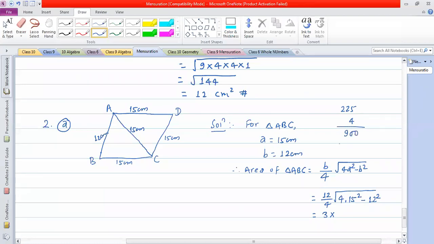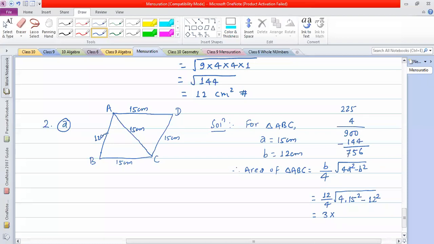900 minus 144, isn't it? Here it will come 6, here it will come 5, here it will come 8 minus 756.